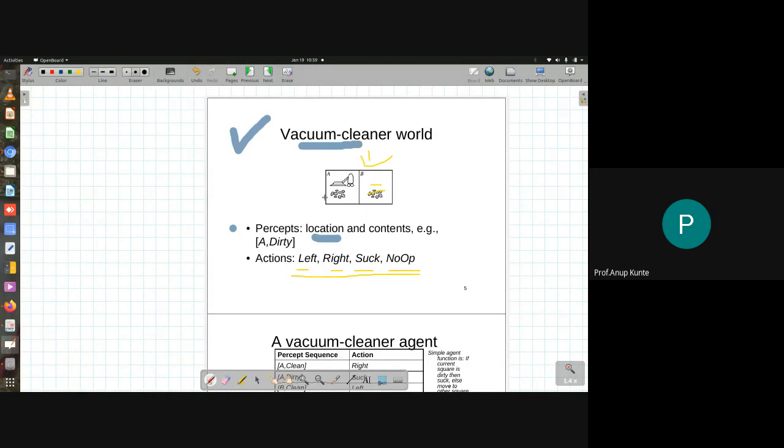Now this suck operation will have some time limit, right? क्योंकि एक रूम में जब मैं वो छोटा रोबोट को नेविगेट करूंगा, वैक्यूम क्लीनर रोबोट को, तो उसको रूम के एक कोने से दूसरे कोने में सभी जगह से डर्ट उठाने के लिए, रूम को क्लीन करने के लिए कुछ समय लगेगा. So there will be some temporal meaning associated to these actions as well.